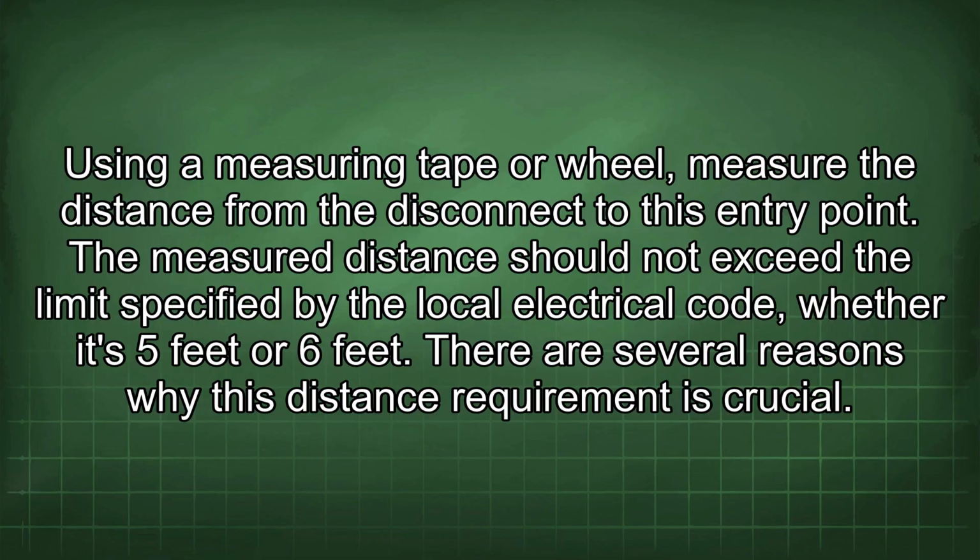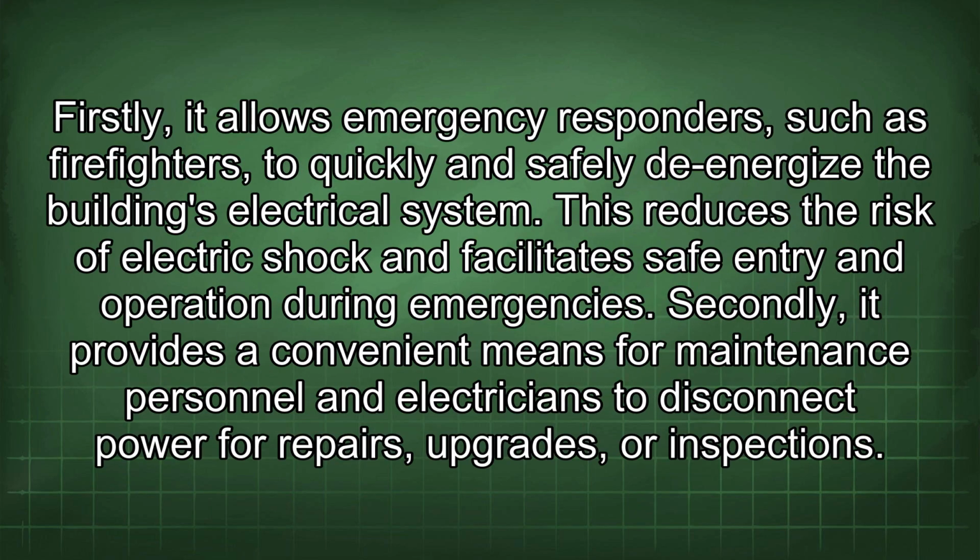There are several reasons why this distance requirement is crucial. Firstly, it allows emergency responders, such as firefighters, to quickly and safely de-energize the building's electrical system. This reduces the risk of electric shock and facilitates safe entry and operation during emergencies. Secondly, it provides a convenient means for maintenance personnel and electricians to disconnect power for repairs, upgrades, or inspections.